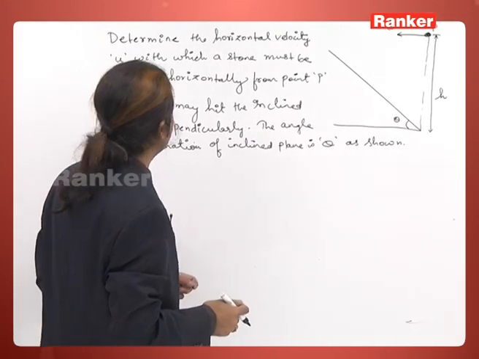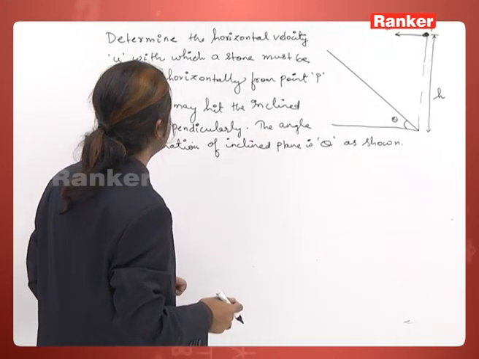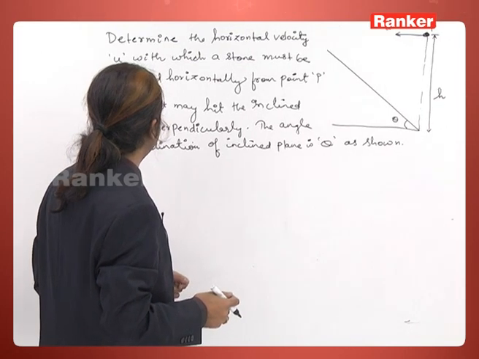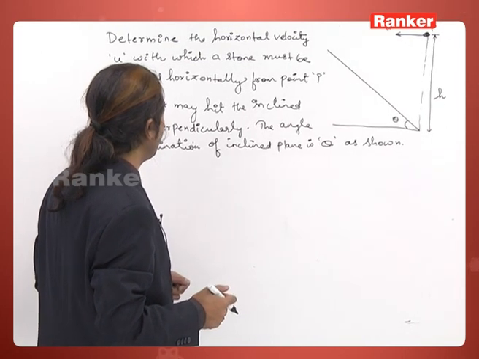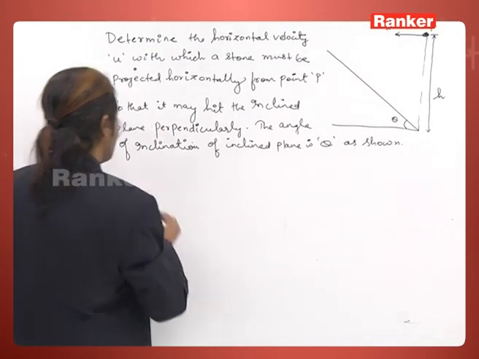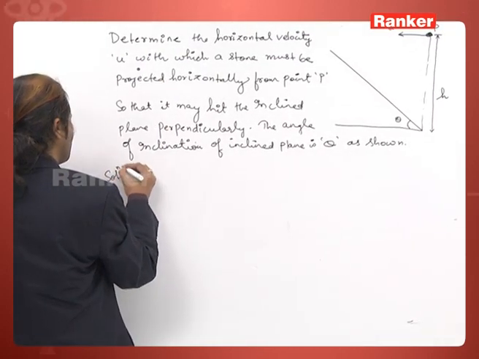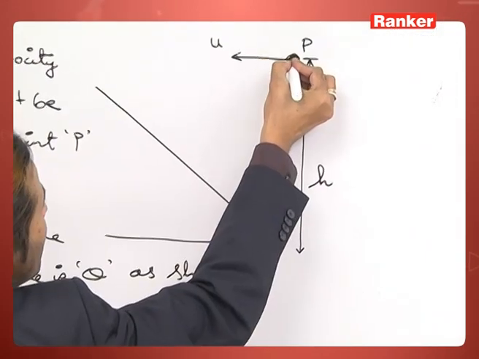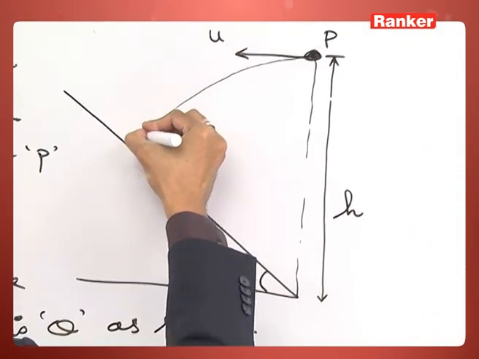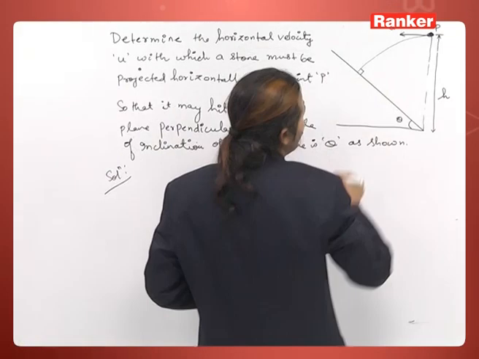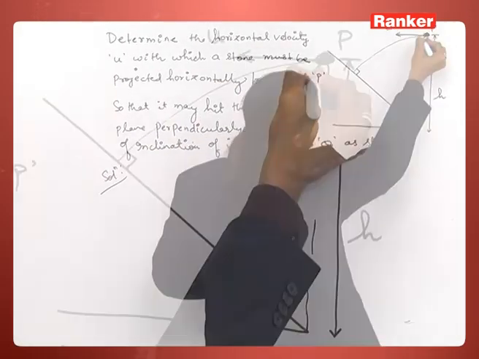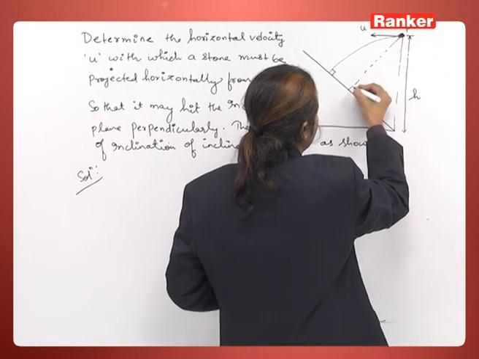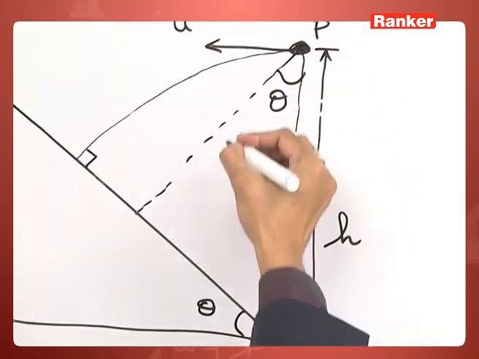Determine the horizontal velocity u with which a stone must be projected horizontally from point P so that it may hit the inclined plane perpendicularly. The angle of inclination of the inclined plane is theta. Now it strikes perpendicularly to the inclined plane like this. So I will take here, this will be theta, this will be 90 minus theta, this will be theta.